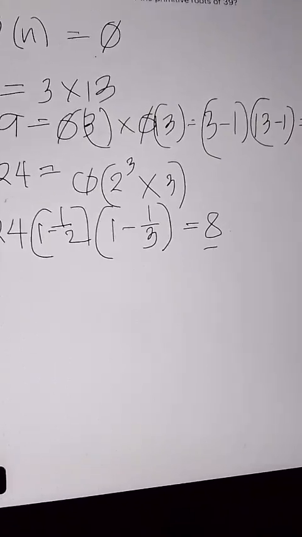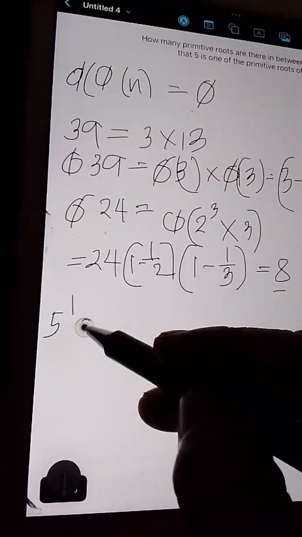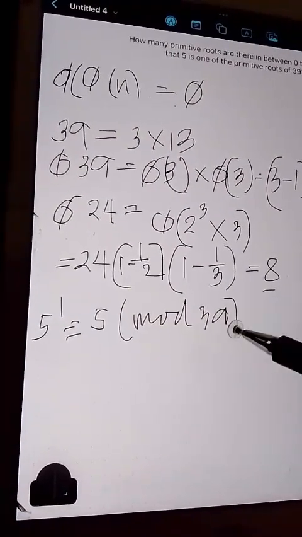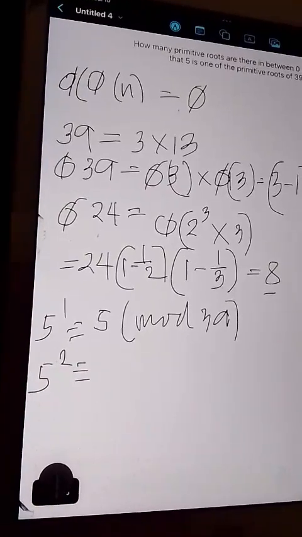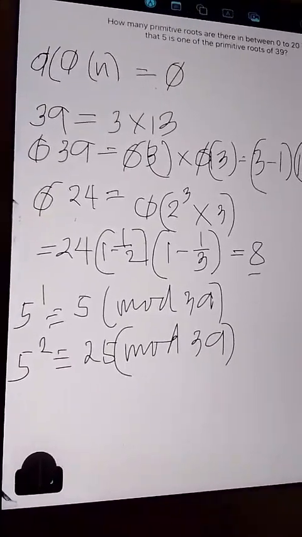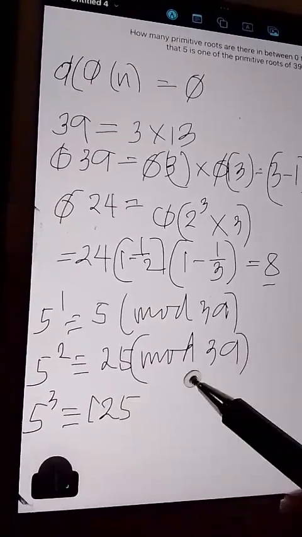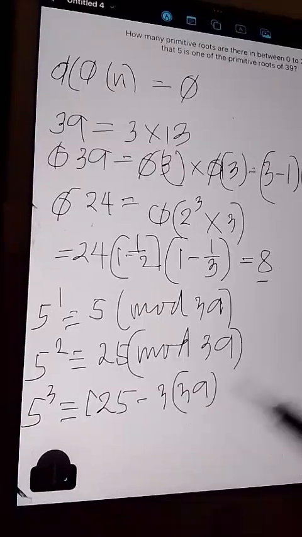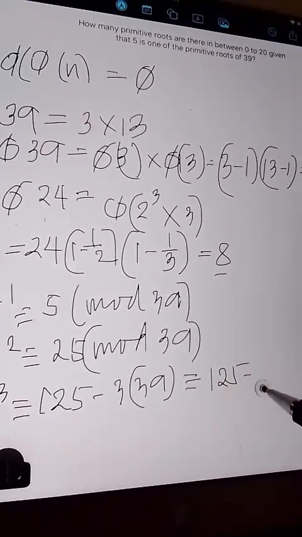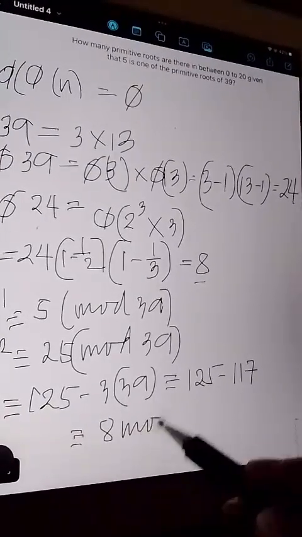Since 5 is a primitive root, we can find the other primitive roots by calculating powers of 5 modulo 39. So 5 raised to the power of 1 is congruent to 5 modulo 39. And 5 raised to the power of 2 is congruent to 25 modulo 39. And 5 raised to the power of 3 is congruent to 125 minus 3 times 39, which is 125 minus 117, and this is congruent to 8 modulo 39.